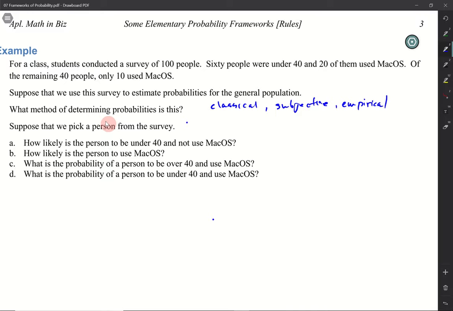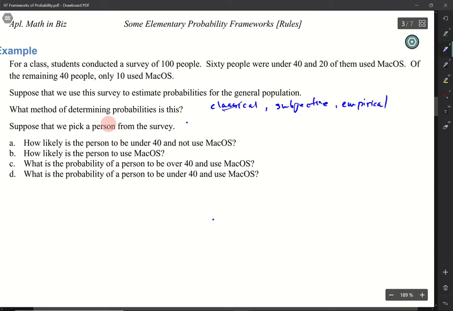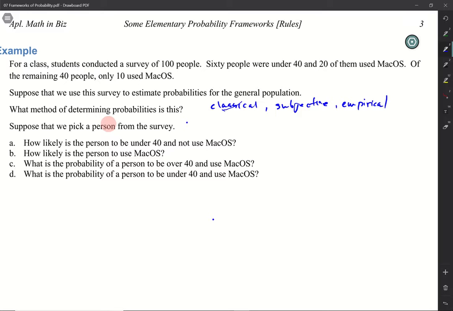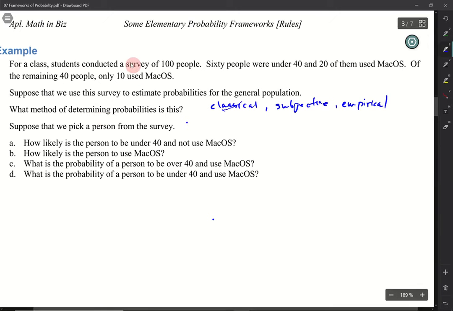Classical would be, I reason, this way. Subjective would be, well, I think that it might be whatever. So when you do the survey, are you saying, I think it might be this?